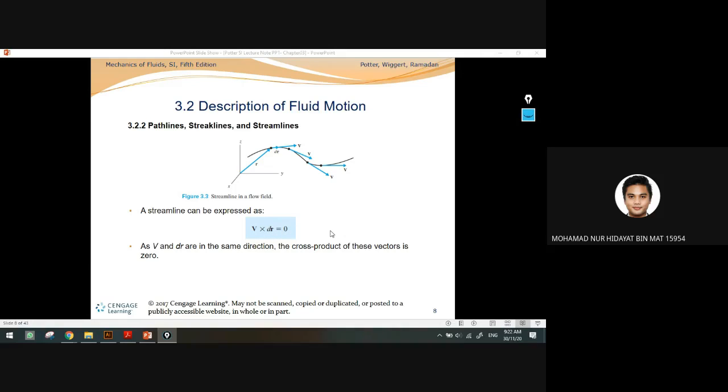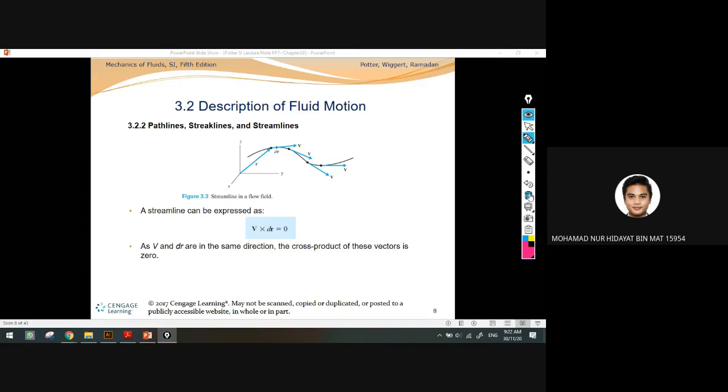Alright, why is this equal to 0? Let's take a look. For example, I try to zoom in on this one. For example, this is the flow, and then we take the instantaneous direction like this.